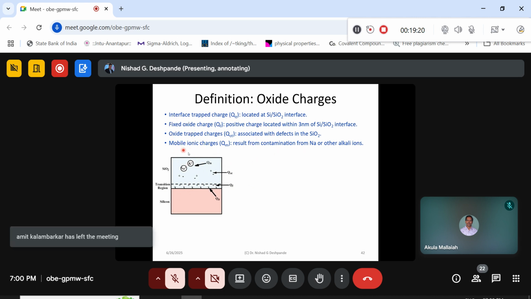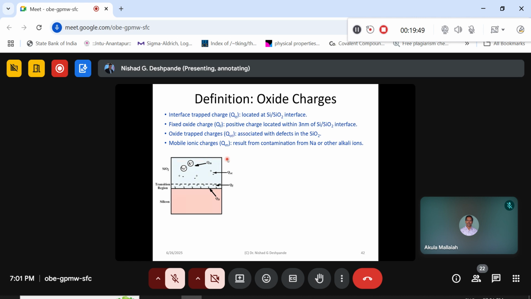Okay, you have mobile ionic charges, which is called QM, and that is just a result of contaminations or dopants. It can be either the contaminant that is introduced during oxidation processes, or otherwise it can be due to the dopants introduced after the oxidation processes. So these are the mobile charges.